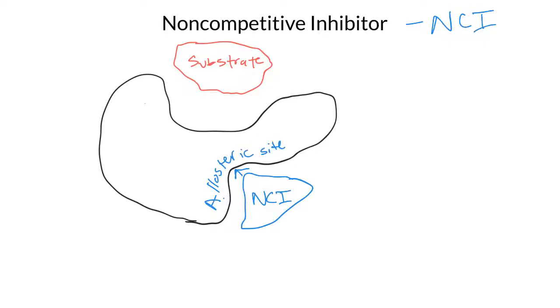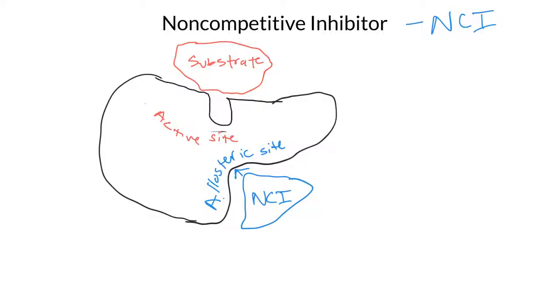What would you call this site up here? The active site. And when the non-competitive inhibitor binds to that site, it changes the shape. So now the substrate can no longer bind.